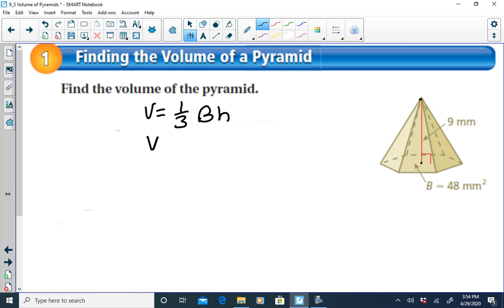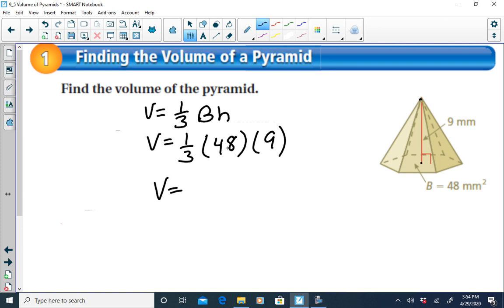So volume's going to be equal to 1/3. Well, what's the base area? Here we're given the base area. The base area, capital B, is going to be 48. The height's going to be 9. So when we multiply 1/3 times 48 times 9, if you have a calculator and you can't multiply by 1/3, you would just take 48 and divide it by 3 and then multiply by 9.